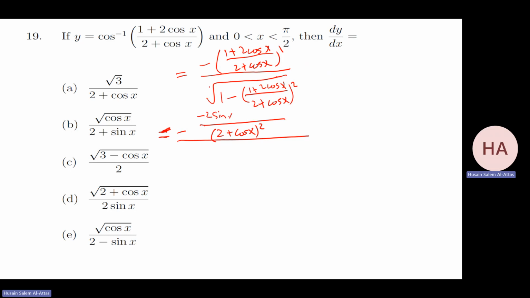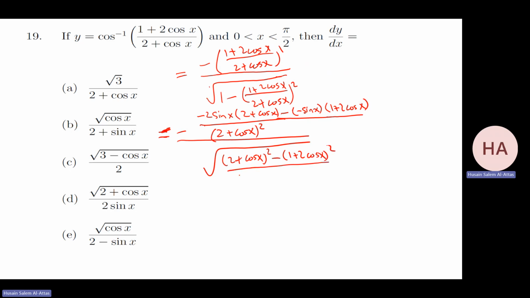Minus 2 sine x times the denominator, minus the derivative of the denominator, which is minus sine x times 1 plus 2 cosine x, over what I have here under the root: 2 plus cosine x square minus 1 plus 2 cosine x square, over 2 plus cosine x square, all under the square root.